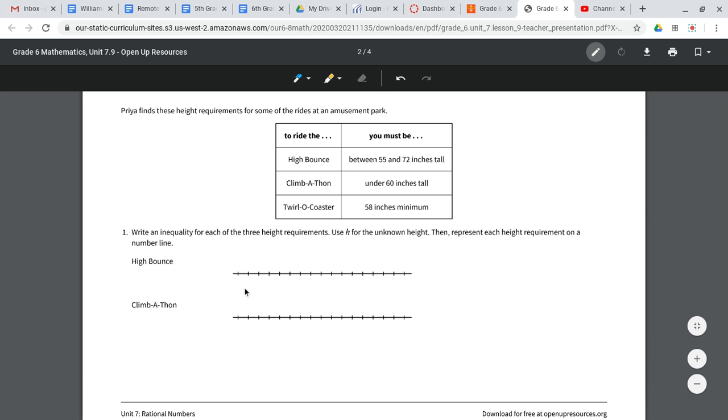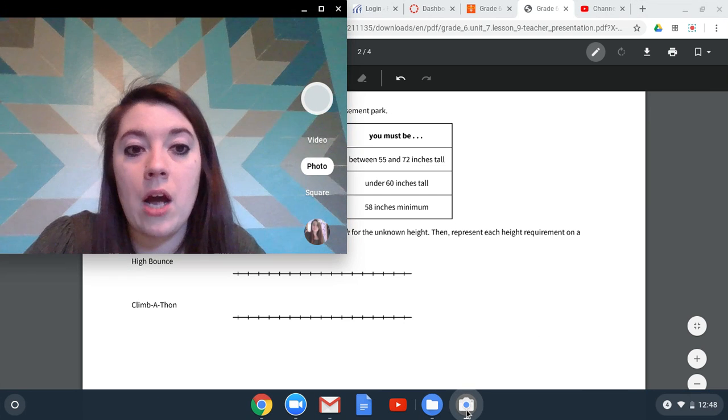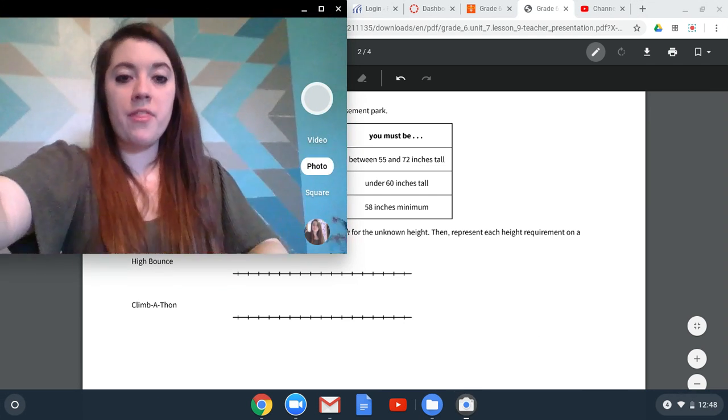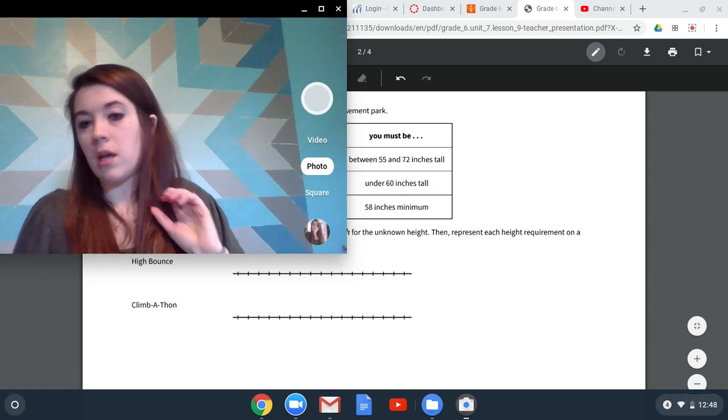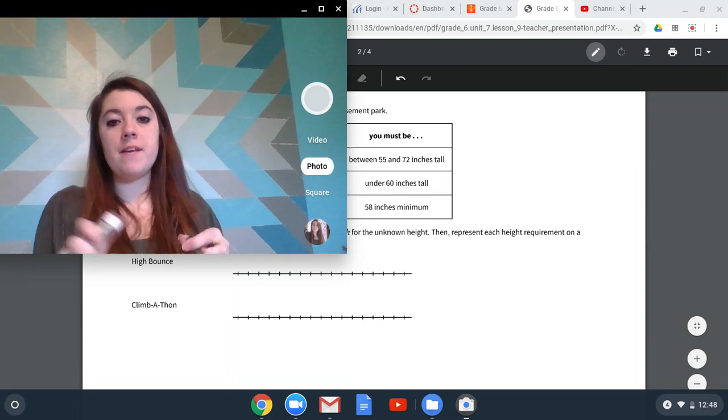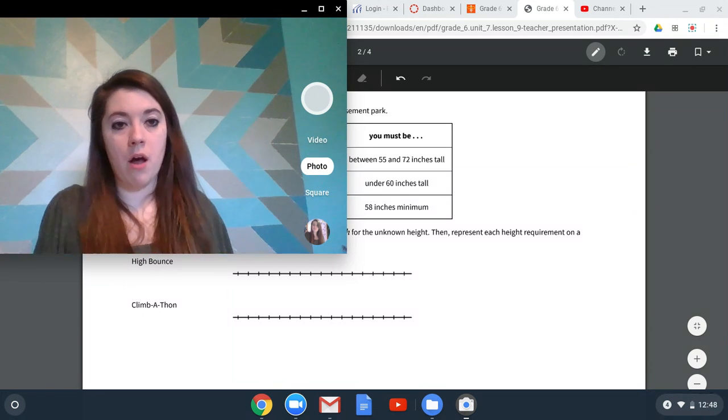Now, I'm going to do this on a whiteboard, so I'm not going to use this exact number line here just because that's going to be a little easier for me to show you guys. Trust me. Okay, so if we think about our high bounce, it said that we're between 55 and 72 inches tall.